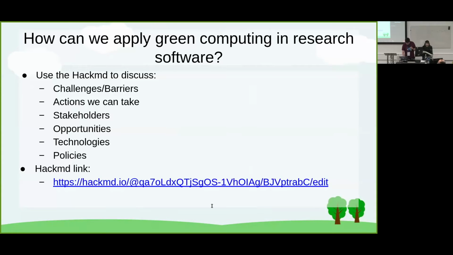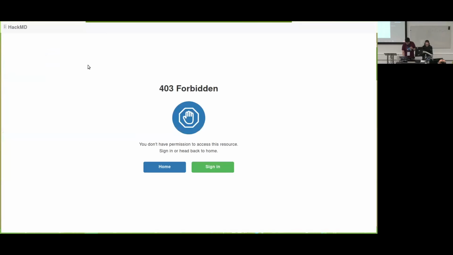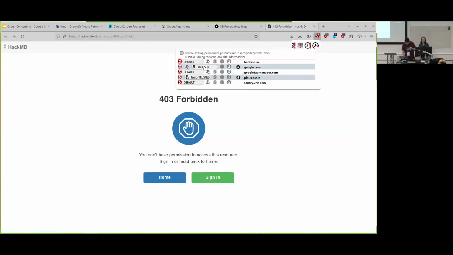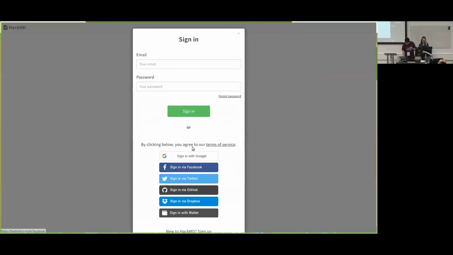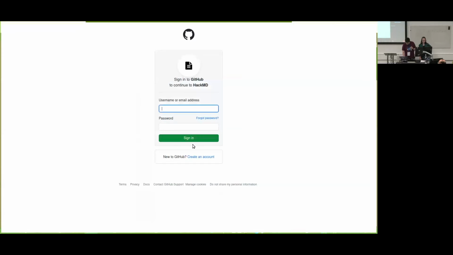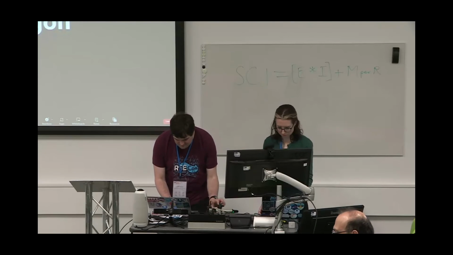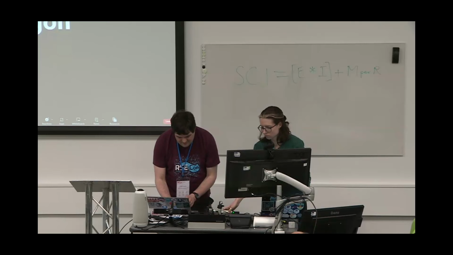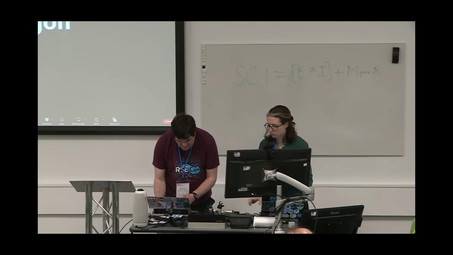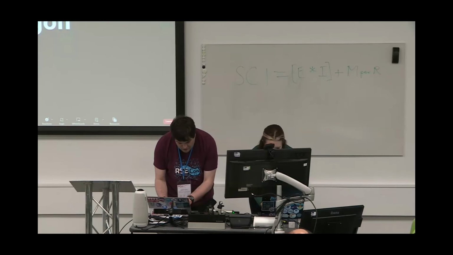And that's not a good start. Someone says they've got a 403 forbidden. So do I. Do you have to sign in to HackMD? Can I sign in via GitHub? I'm just going to stop my share a minute while I sort this out. Are you logged into it?